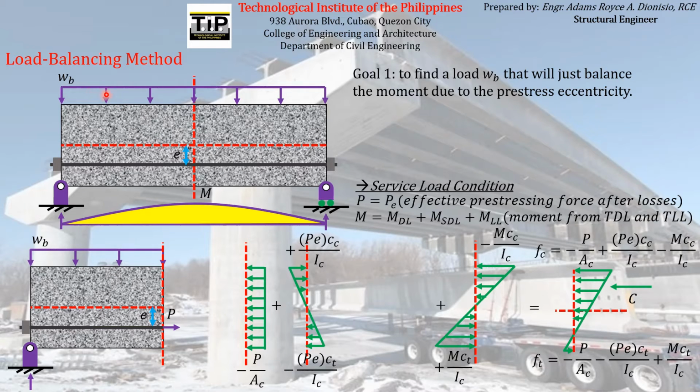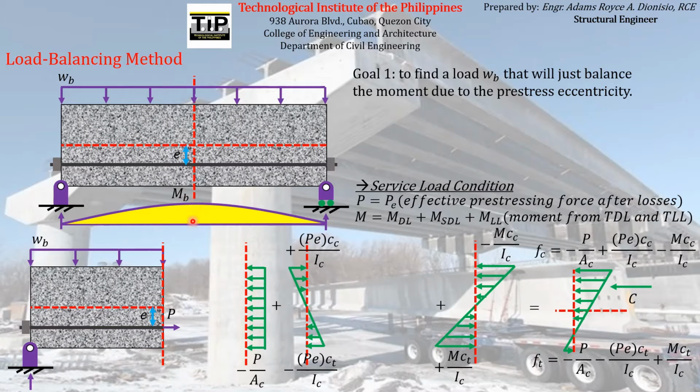So that is our first goal. We have to find this balanced load W that will just produce a bending moment at midspan, say for example, which will have a magnitude equal to, let's just call the bending moment that will be produced by the balanced load at midspan equal to M sub B, the balance moment.